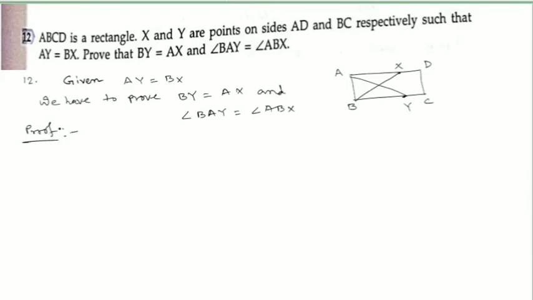And what will be the proof? Now, triangle ABY and triangle ABX are right angled.